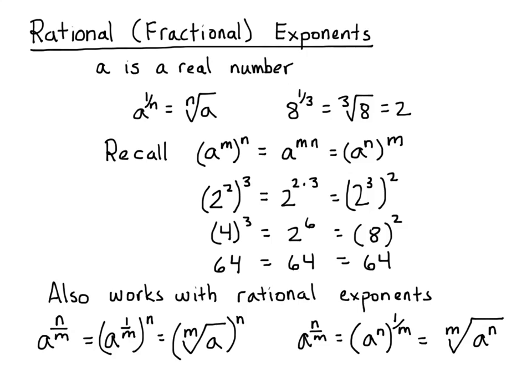So for example, just a real quick example, if we have 9 to the 3/2, we can take 9 cubed and then take the square root of that, or we can take the square root of 9 and then cube it. Well, the square root of 9 is 3, 3 cubed is 27, so it's 27. I don't know that I could do it the other way in my head. 9 cubed is what?